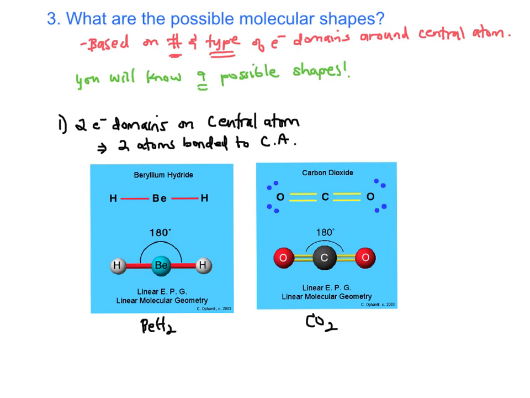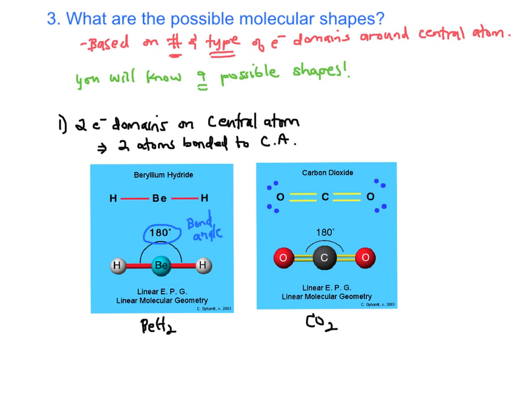Now, the best orientation for this kind of molecule is to have these electron domains 180 degrees from each other. So you need to list the bond angle. That's called a bond angle. You'll notice there are 0 lone pairs of electrons, right? If there was a lone pair, you would see them.